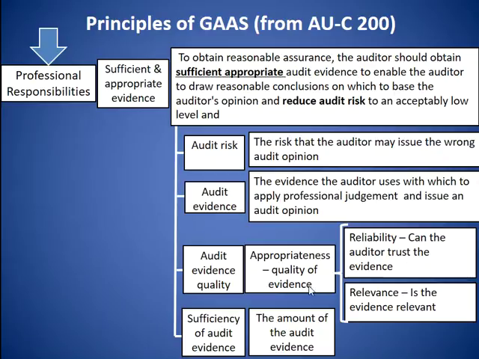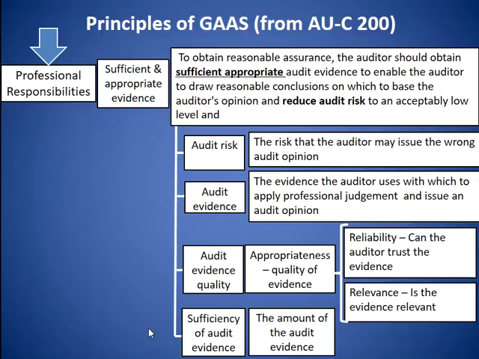So the auditor would most likely confirm that cash balance with the third party, being the bank, because the bank is independent. The bank is not an employee of the client. So the bank can independently confirm that, meaning that evidence is not only relevant, but it's also probably, from the auditor's point of view, reliable. The auditor can trust that type of evidence.